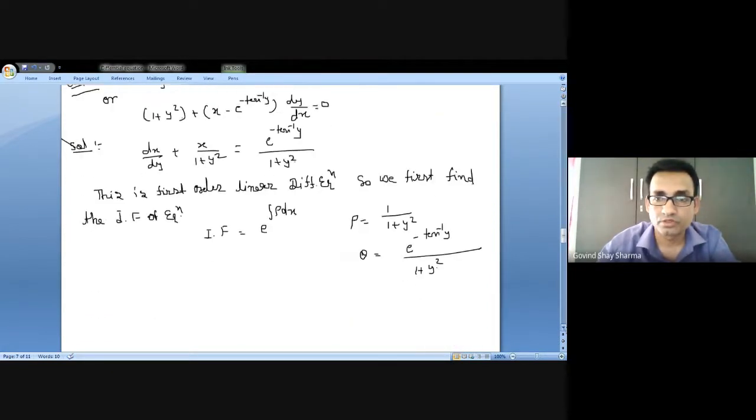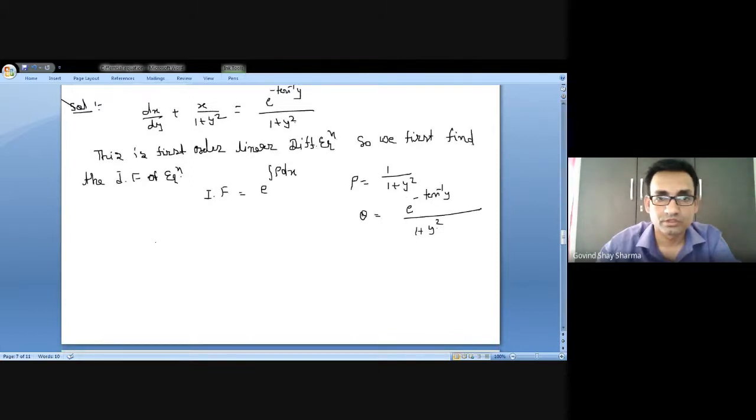In many exams you can find this type of problem. This becomes integration of 1 upon 1 plus y square, which is tan inverse y. This is your answer.